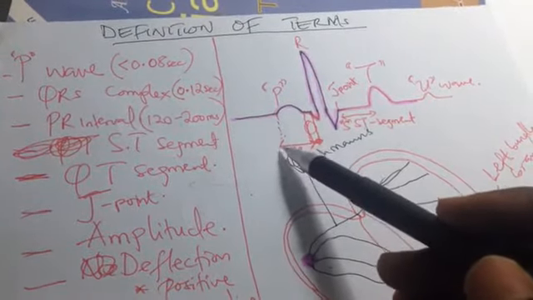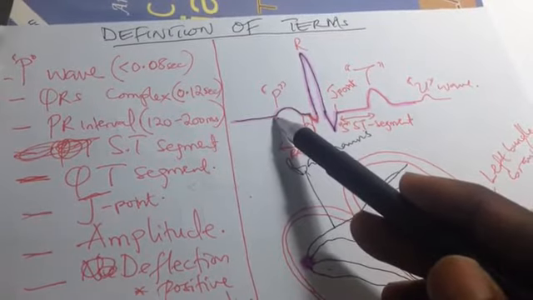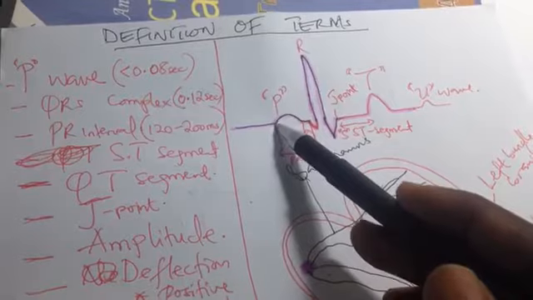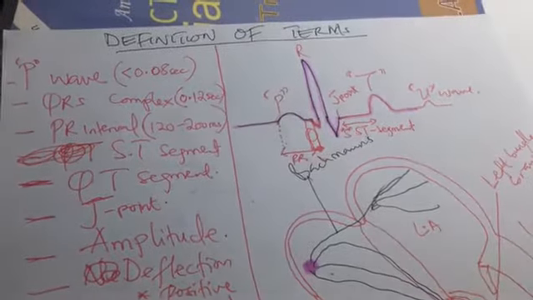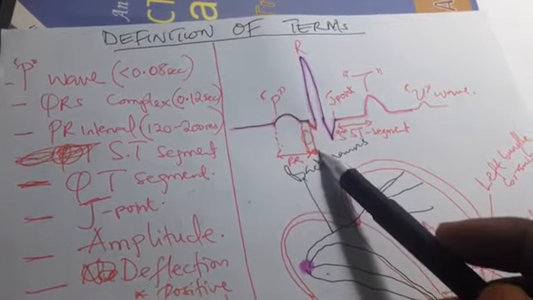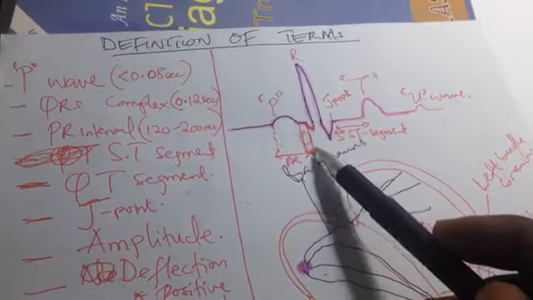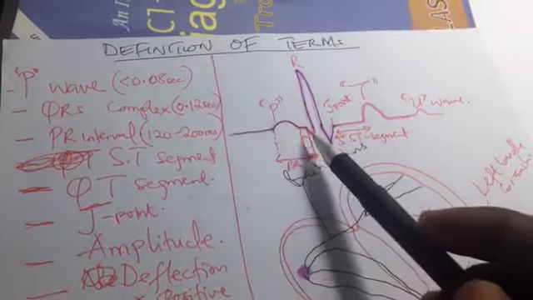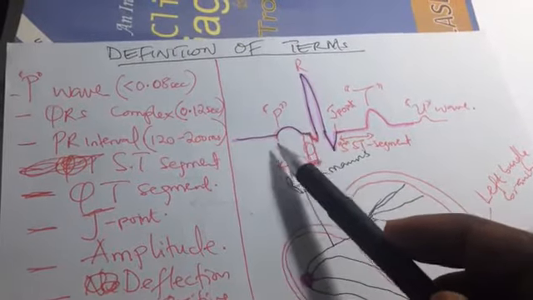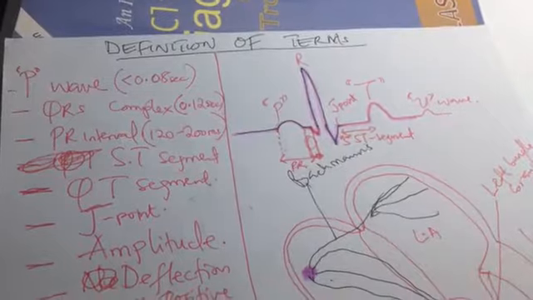What is the definition of the PR interval? It is defined as the point from the beginning of the P wave up to the beginning of the QRS complex. That is from the beginning of the P wave to the beginning of the QRS complex. It's supposed to be PQ, but it is PR anyway.